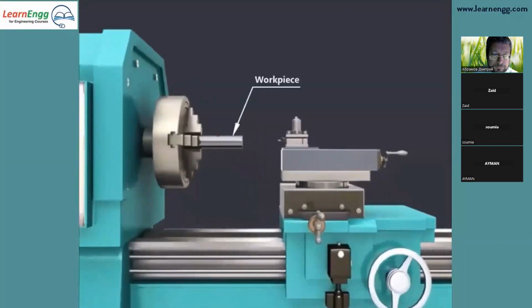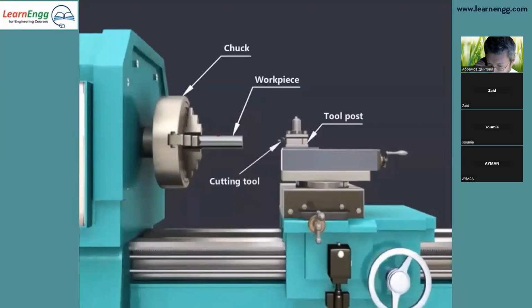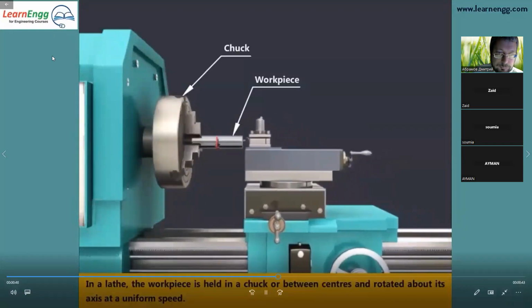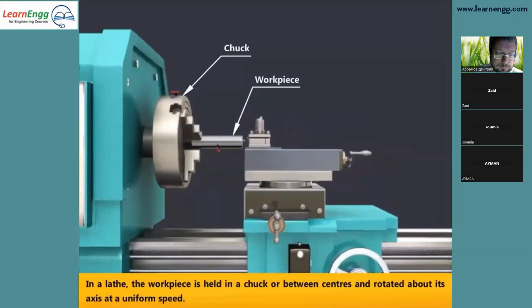Workpiece, chuck, tool post, cutting tool. In a lathe, the workpiece is held in a chuck or between centers and rotated about its axis at a uniform speed.